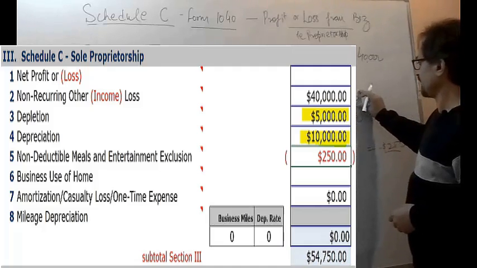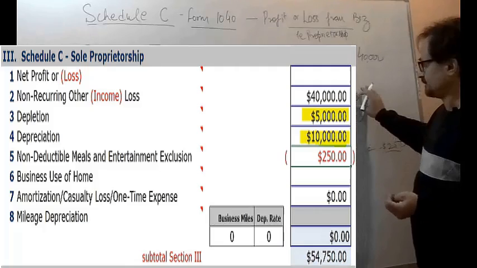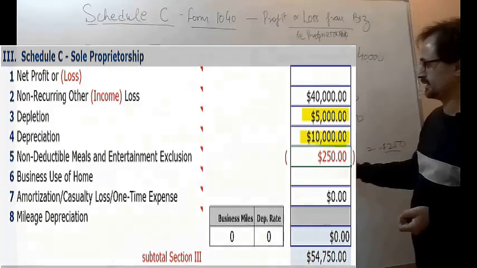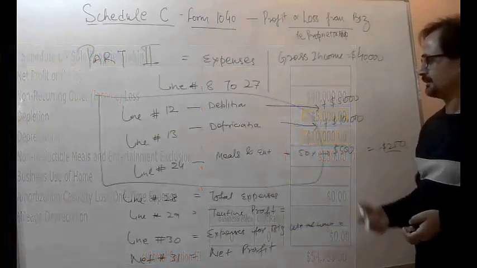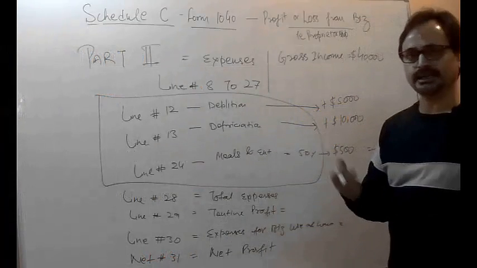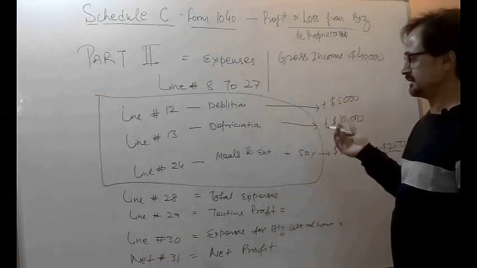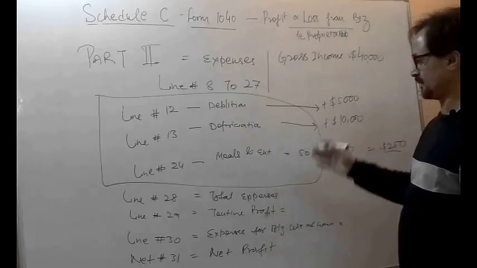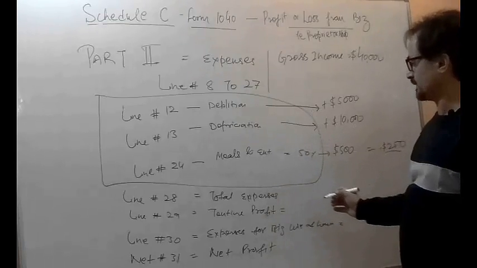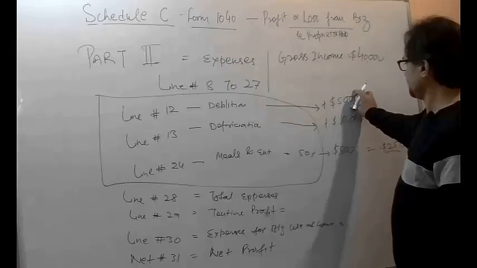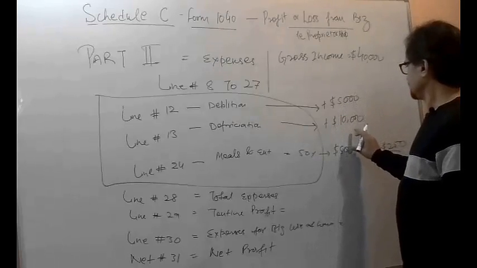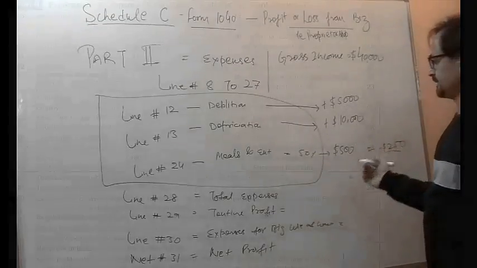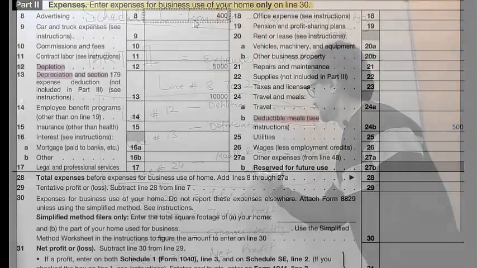We saw there is 5,000 in depletion, 10,000 in depreciation, $500 written in line 24, and maybe some other expenses on lines 8, 9, 10, and 20. A lot of expenses are written in all these lines. So let's see the total expenses. 5, 10, and then 15,500.